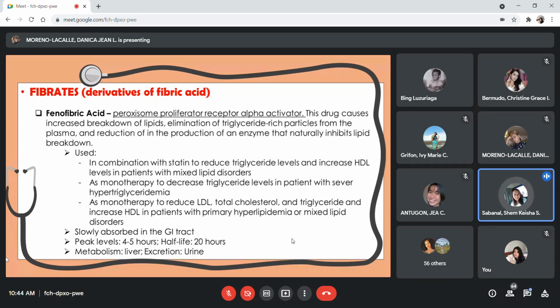So what does fenofibric acid do? This drug causes increased breakdown of lipids, elimination of triglyceride-rich particles from the plasma, and reduction in the production of an enzyme that naturally inhibits lipid breakdown. Okay, so next slide.